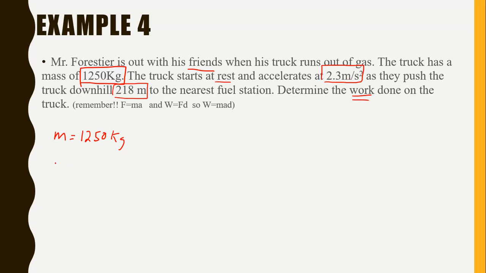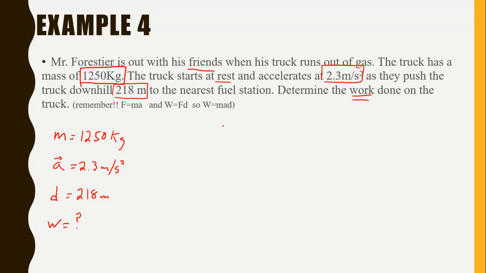Now there's an acceleration of 2.3 meters per second squared. And there's a distance of 218 meters that the truck travels. We want to know what is the work being done by Mr. Forestier and his friends. Here's the thing, you guys.